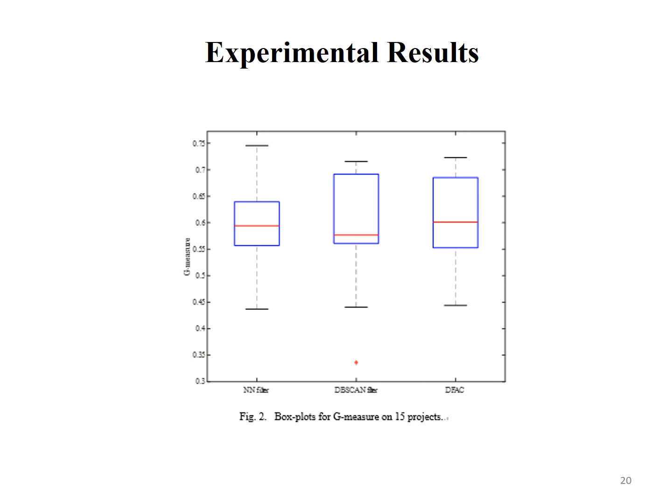Although DFAC has the same minimum as the DBScan filter, the median values of DFAC are higher than those of the NN filter and the DBScan filter. Meanwhile, the maximum by DFAC is higher than by the DBScan filter, but a little lower than that by the NN filter.